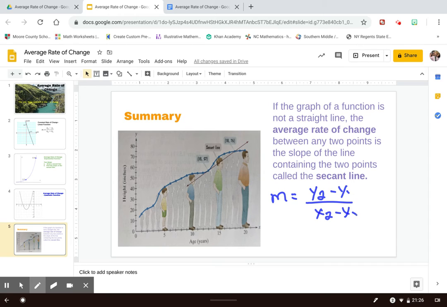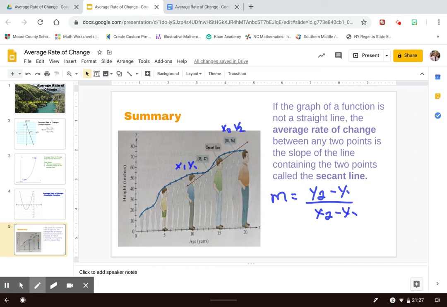My starting point down here would be my x1 and y1, and my end point up here would be my x2 and my y2. So we're comparing him between ages 13 and 18.